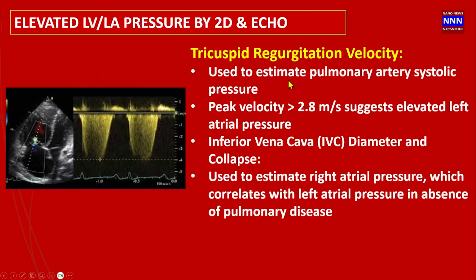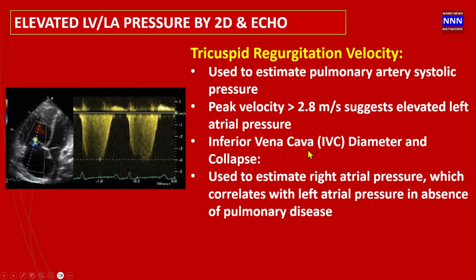The third parameter we look at is the tricuspid regurgitation velocity. If the tricuspid regurgitation velocity is greater than 2.8 meters per second, it's an indirect indication of elevated left atrial and left ventricular pressure.